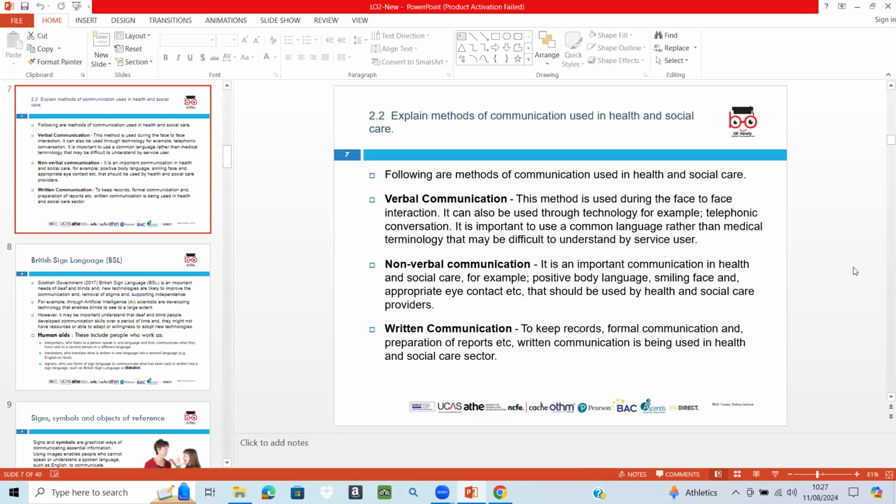A note like: patient reported severe chest pain at 2 p.m. and, if we mention a medicine, for example nitroglycerin given and monitored for 30 minutes. This provides vital information for any healthcare provider who later reviews the service user chart. It ensures that everyone involved in the service user care has the necessary information to make informed decisions.